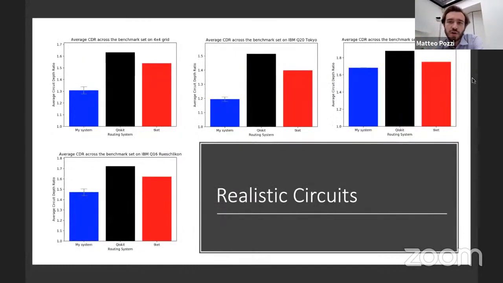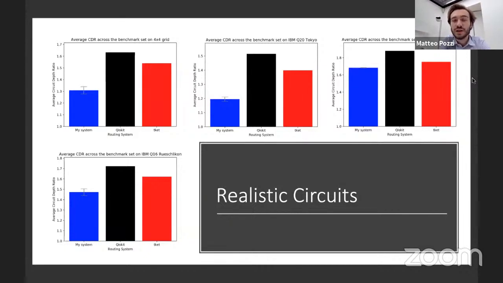And also, if we start looking at some realistic circuits, it's quite encouraging to see that the deep Q learning system is able to keep up its good results in terms of circuit depth ratio now. So that's just the ratio of the output depth to the input depth, output being the circuit with the swaps inserted. But Qiskit here goes to the back of the queue effectively.